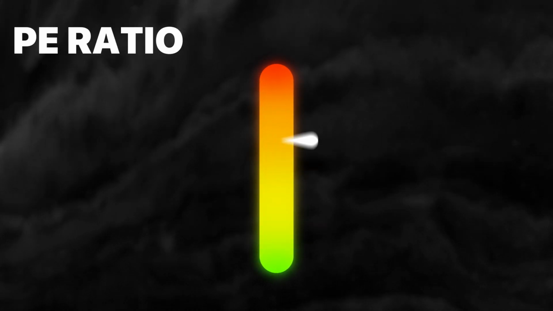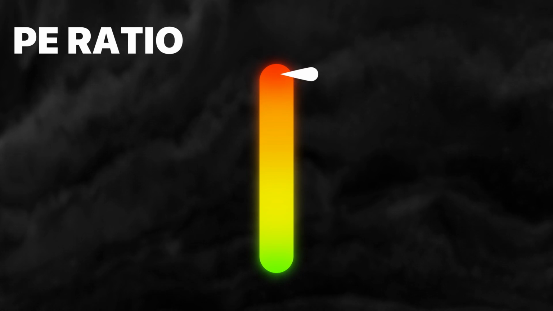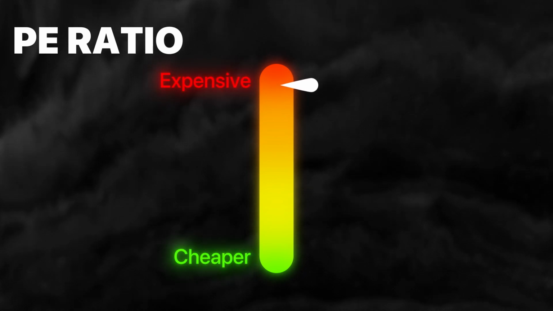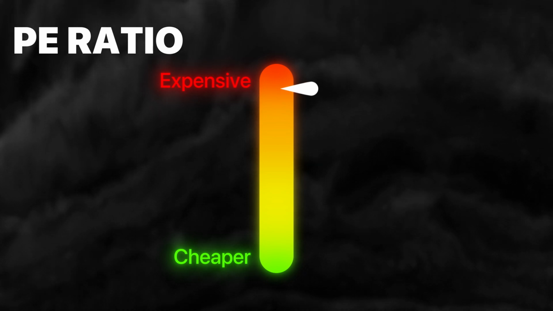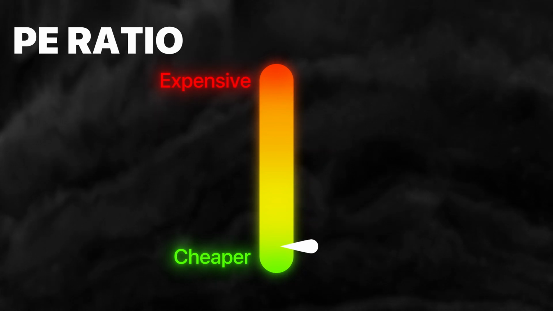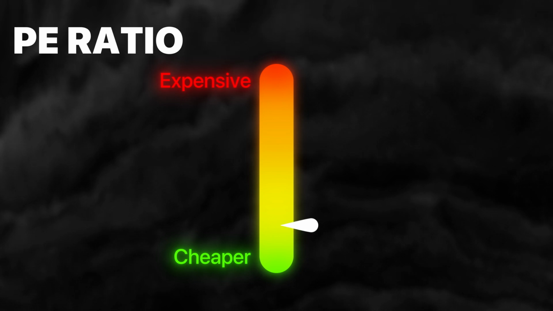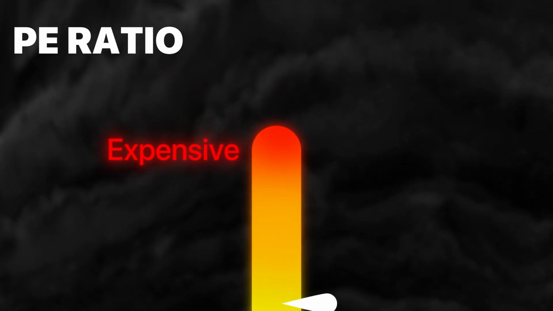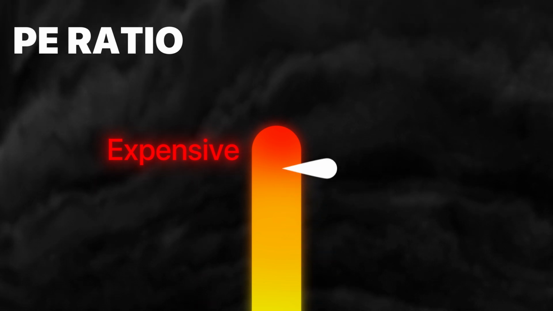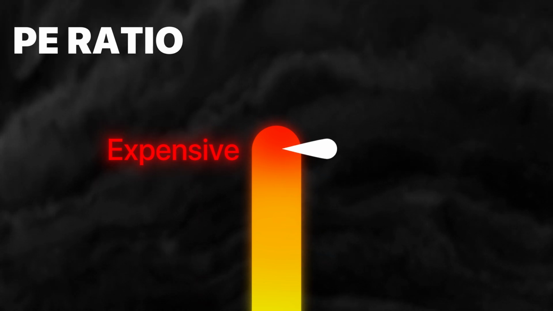The higher of a multiple that you pay for that particular stock, the more expensive that stock technically is to buy, and the opposite also applies. Now, something critical to keep in mind is that very high quality businesses and very high quality stocks usually tend to have higher prices than lower quality stocks.